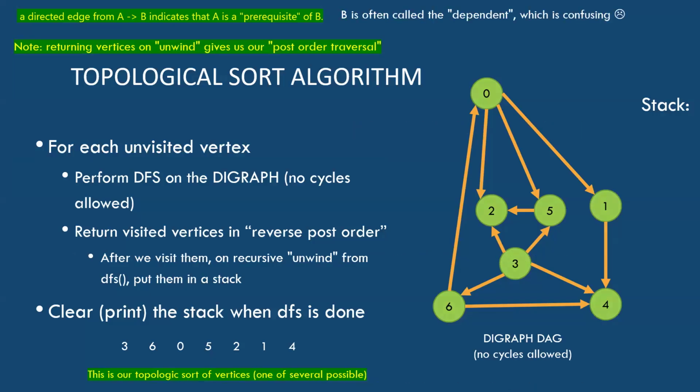Oh yeah, and by the way, this always confused me. The terminology says that if A is a prerequisite of B, then we often call B the dependent of A. That to me is confusing because I feel like a prerequisite is not dependent on the class that follows it, but in graph theory language, we refer to the thing being pointed to as the dependent, and this is the predecessor, or the prerequisite.